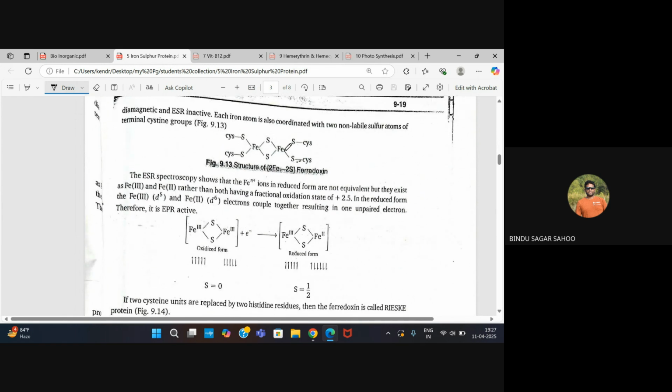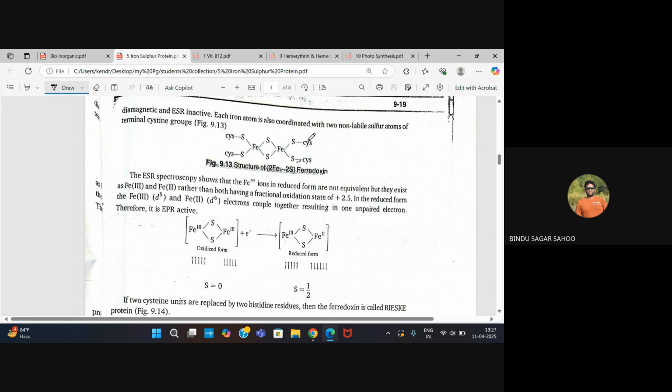That means there are two iron atoms, and in between these two iron atoms, these sulfur atoms are called inorganic sulfur. These two are the inorganic sulfurs, but these four, 1, 2, and 3, 4, are the organic sulfurs. The inorganic sulfurs are also called labile sulfurs.